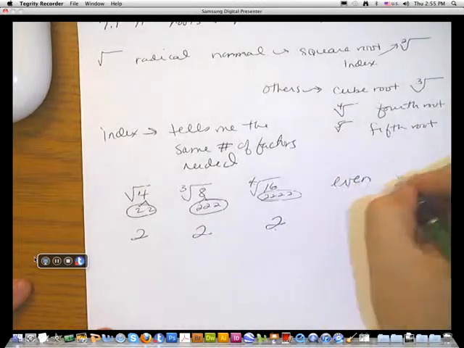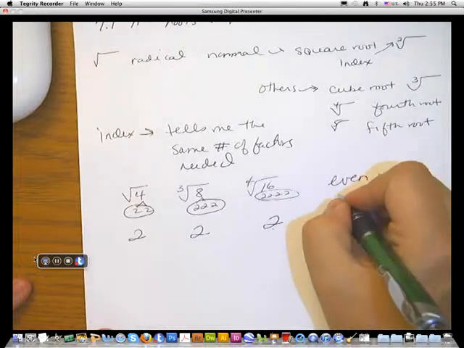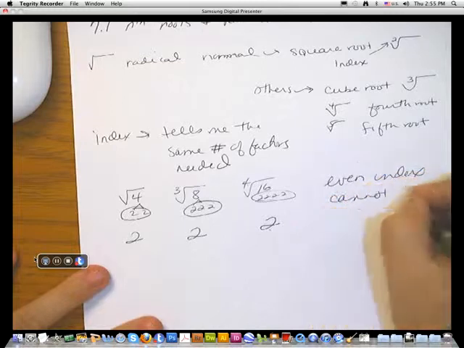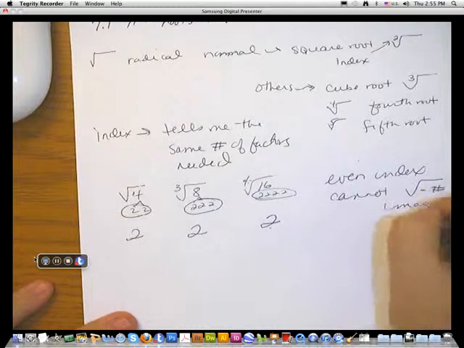If I have an even index, I cannot do a negative number. We learned that these are imaginaries.